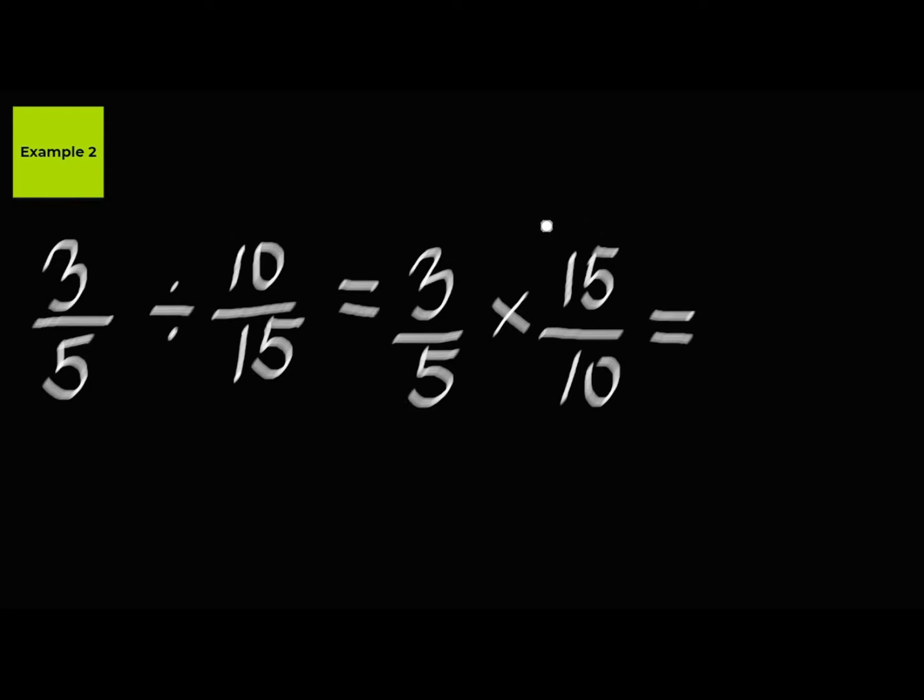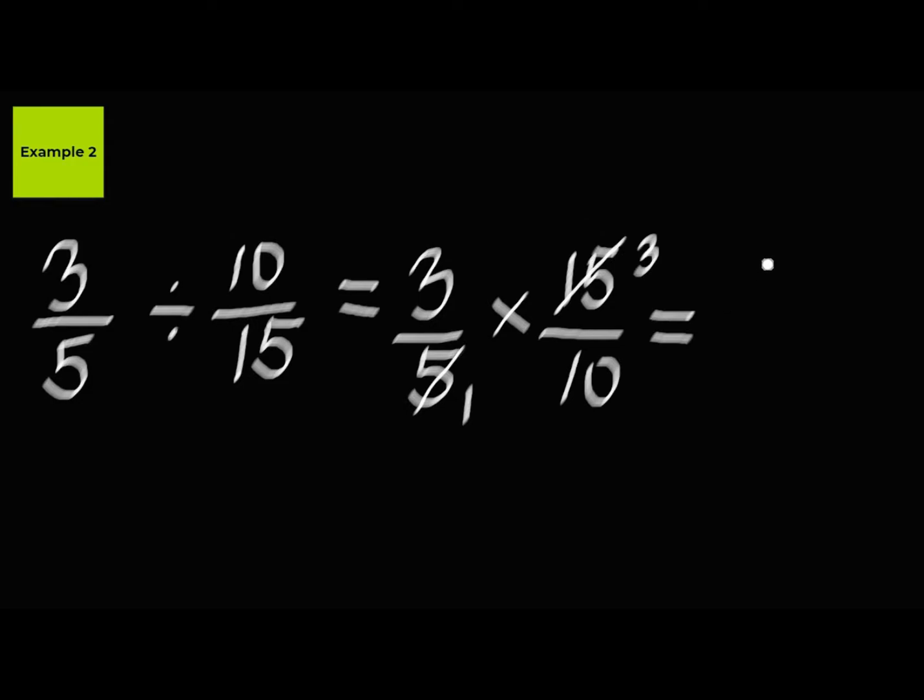Again, in this particular example, we can use the cancellation method because we can pair out 15 and 5, since they have a common factor of 5. 5 divided by 5 equals 1, and 15 divided by 5 is 3.